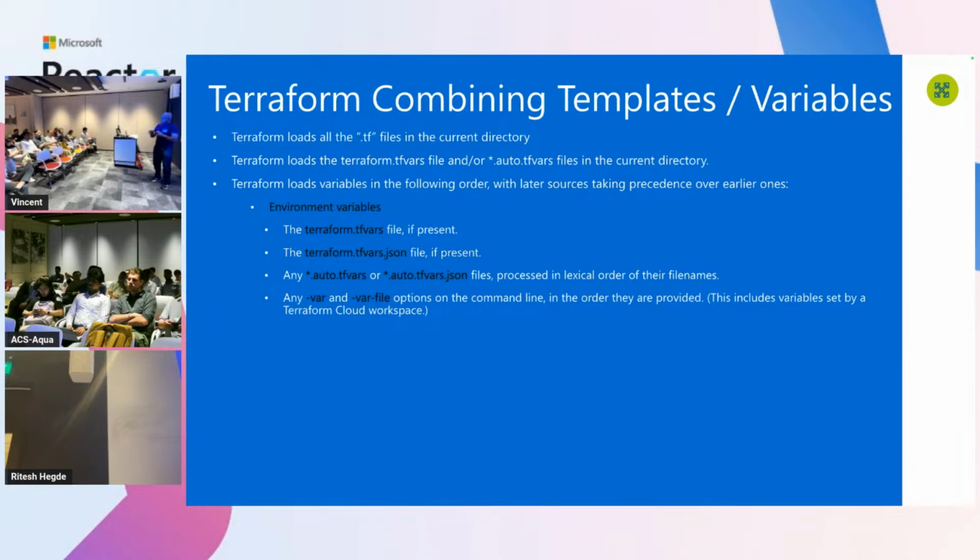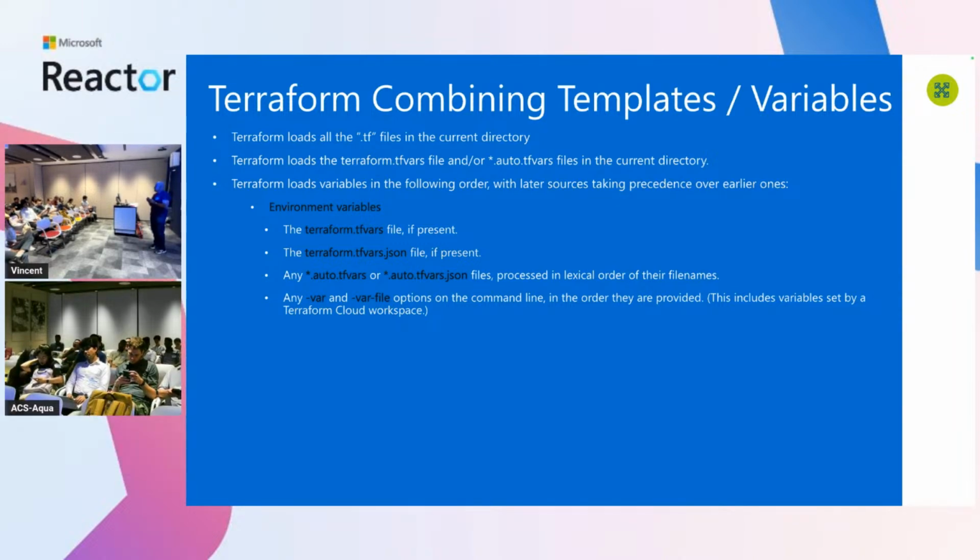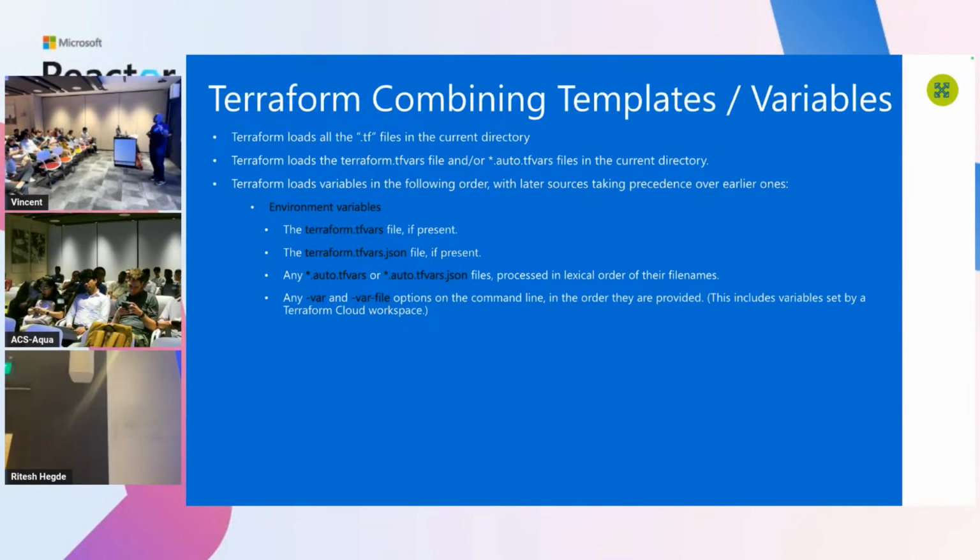I want to utilize the same variable, but I want the value to be different than what I have specified or commonly use. So I will use terraform.tfvars and I will specify it here. Then when I run Terraform within that directory, even though it is in an environment variable, if it is in tfvars, then tfvars will take precedence.